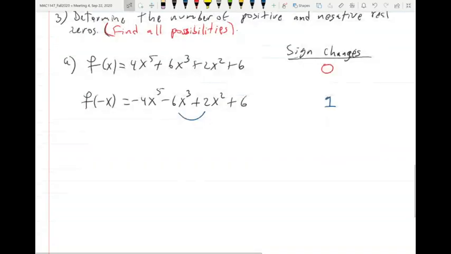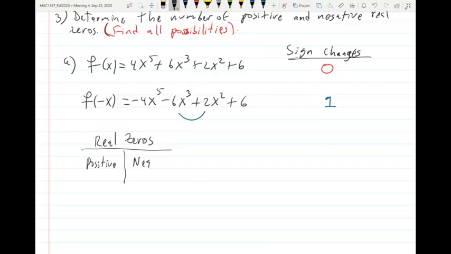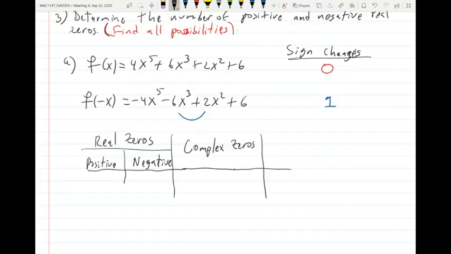Okay, so we're gonna do this little table in which we're gonna put here the real zeros, and then the real zeros are gonna be split into how many positive do we have, how many negative do we have, okay? And then we're gonna have here another column that has to do with the complex zeros. And then it's good to write here the total.